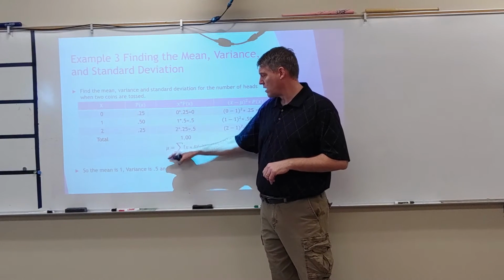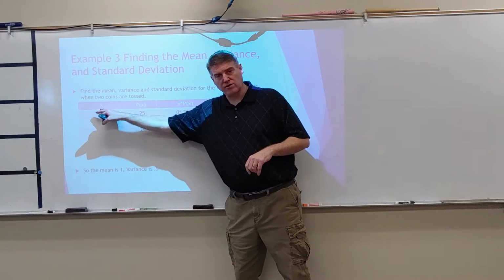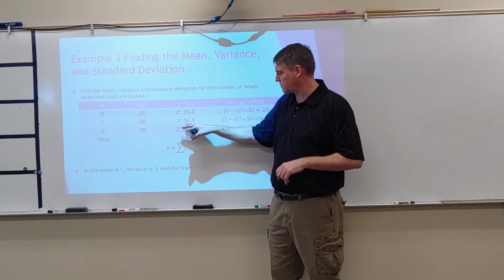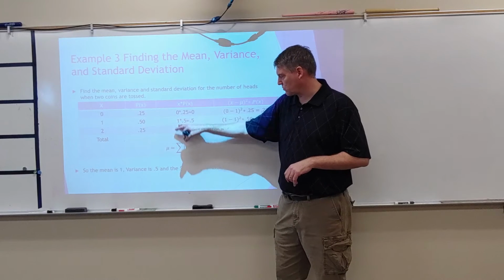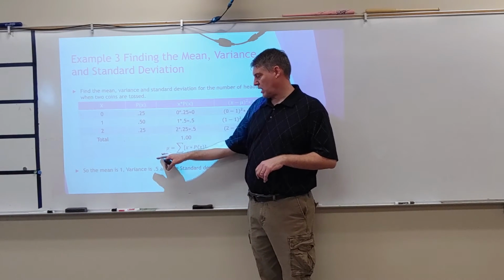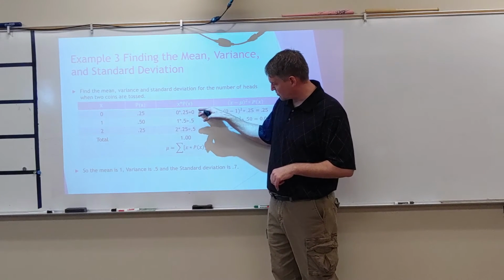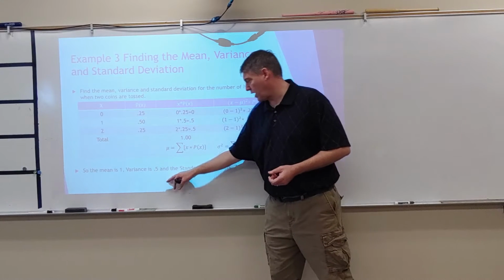So we're going to go x, the x value times our P of x. 0 times 0.25 is 0. 1 times 0.5 is 0.5. 2 times 0.25 is 0.5. So we add those up, and the mean is going to equal the sum of these: 0 plus 0.5 plus 0.5 is 1. So the mean is 1.